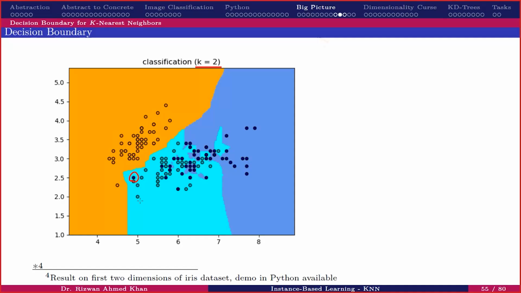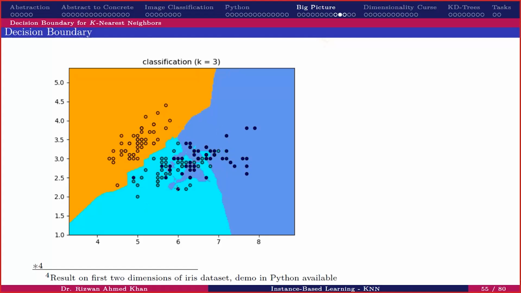And once we look at 2 nearby points, we can see that this classification result changes from dark blue to light blue, because this space in our feature space has more votes for light blue, right? So I think this would make clear what is the effect of changing the number of neighbors.